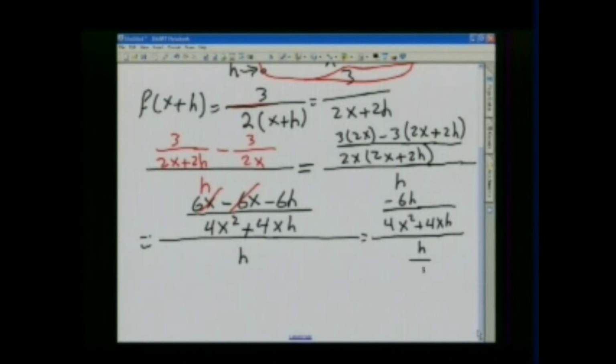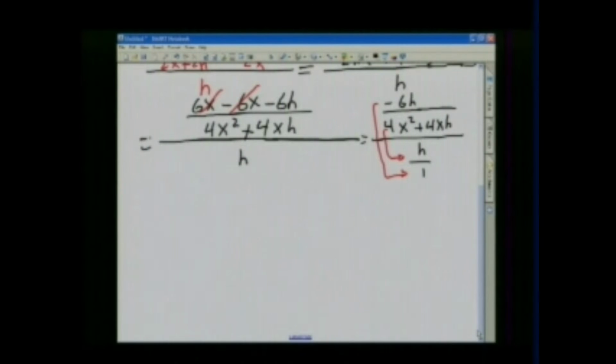If I give h a denominator of 1, then I multiply the numerator by the denominator h and divide by the other denominator multiplied by the numerator. That would be equal to minus 6h times 1 is minus 6h, and h times 4x squared plus 4xh.